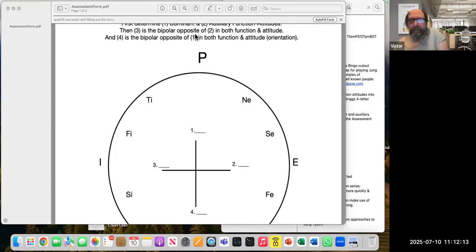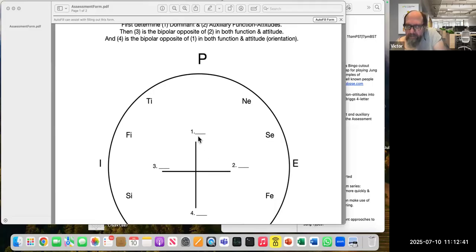Okay. Now, in the Myers Briggs type, we're just looking at the two positions. The first position at the top here, where it says 1, is called the dominant function attitude.